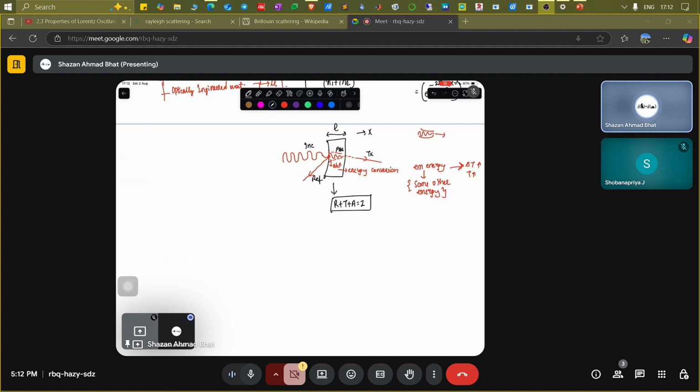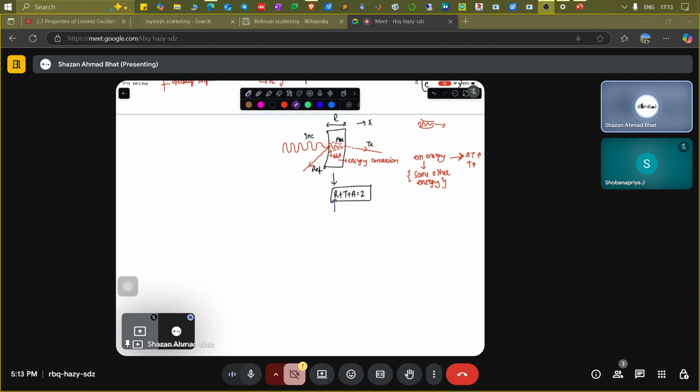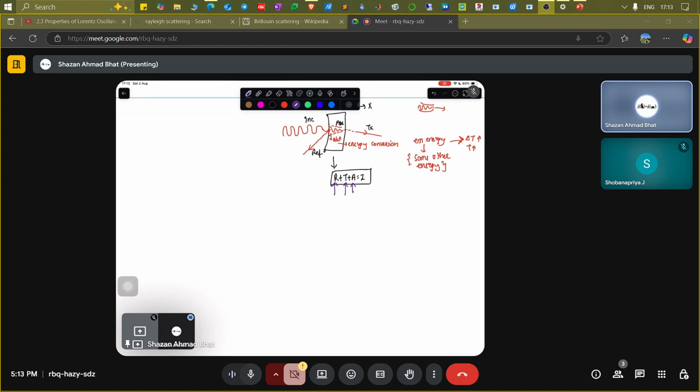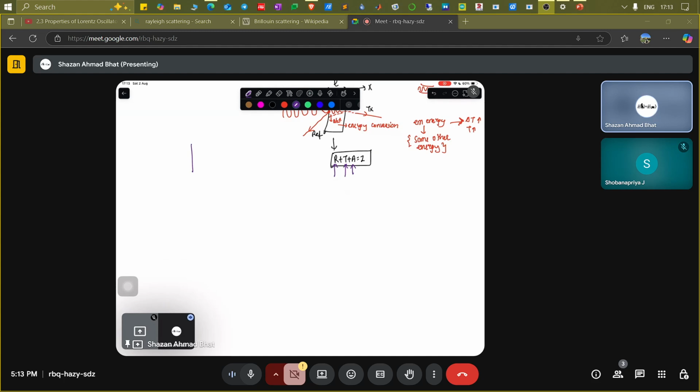There might be reflection, there might be transmission, and all of these scenarios, reflection, transmission, and absorption, simultaneously occur in all of the mediums. The values might be low, but they all happen simultaneously. Let's say you have a metal, and a metal has a property that it is mostly reflective at certain frequencies.